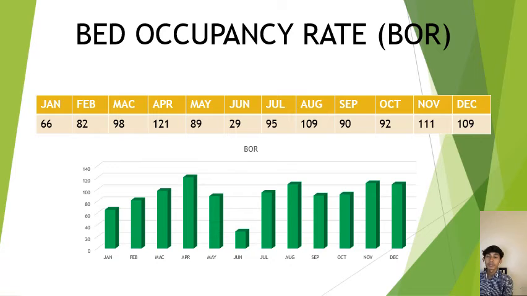From March to April it increased from 98 to 121, and from April to May it decreased from 121 to 98, and from May to June it dropped from 89 to 29, and from June to July it increased from 29 to 95.